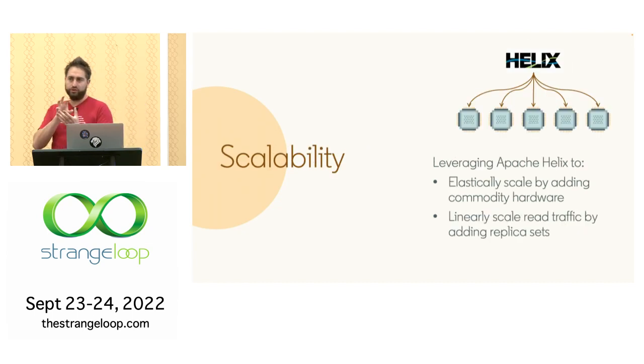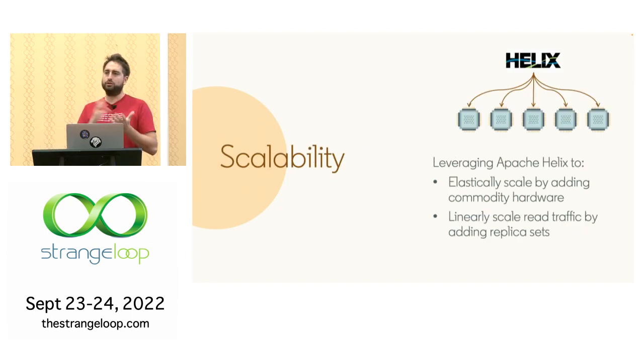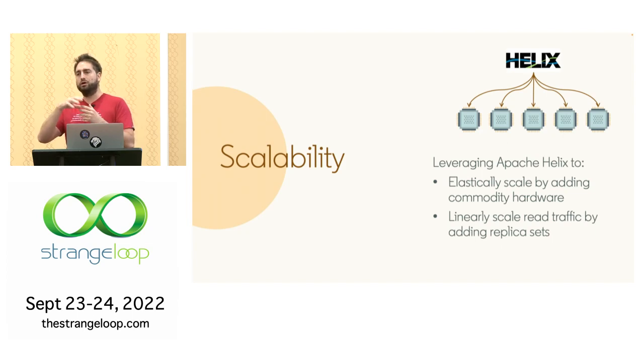Also, within the scope of a single cluster, we care a lot about scalability of each individual cluster, right? So we leverage Apache Helix to do the partition and replica placement of the data inside the clusters. And this is very convenient because we can throw fresh hardware into a cluster, and it will automatically rebalance the data.